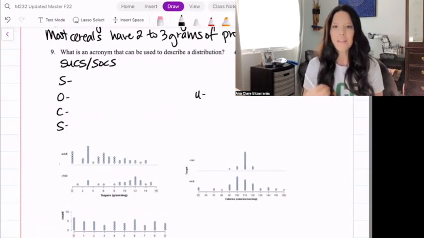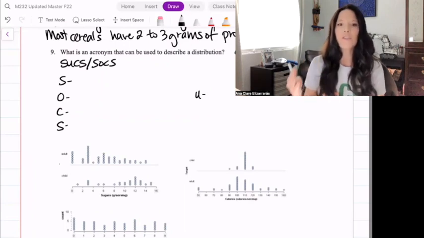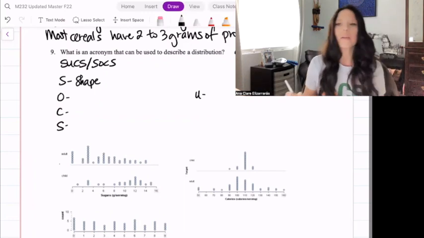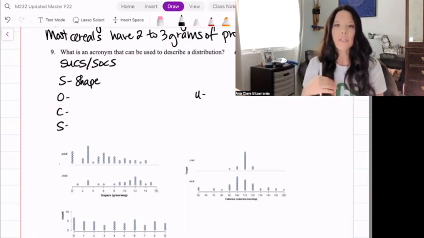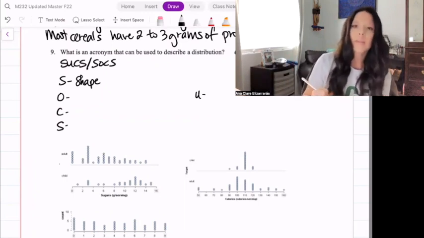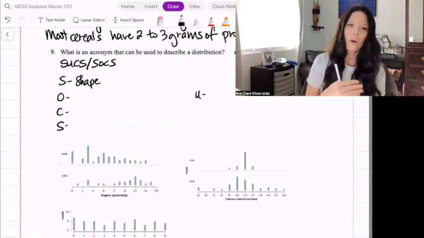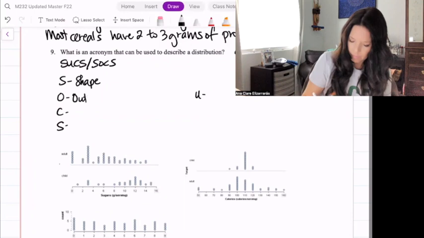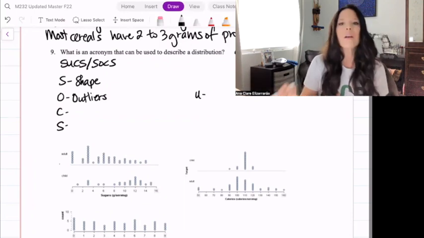The first S stands for shape. We're talking about the shape of a distribution. Is it symmetric? Is it unimodal? We'll talk about how you describe shape, how you describe the unusual features in the next few questions. The second letter, O or U, O is for outliers, if that's the acronym you choose to remember, and U is unusual features.